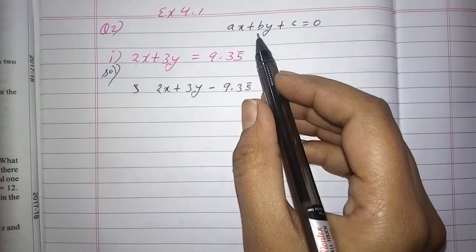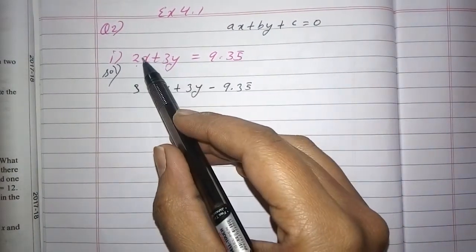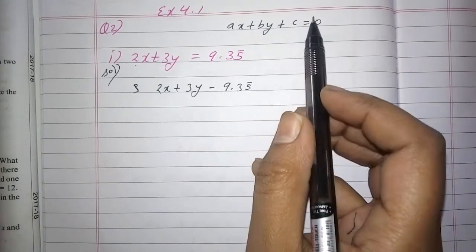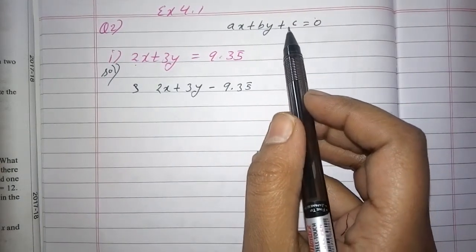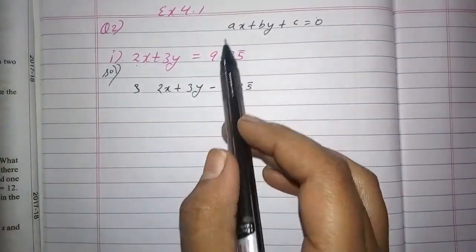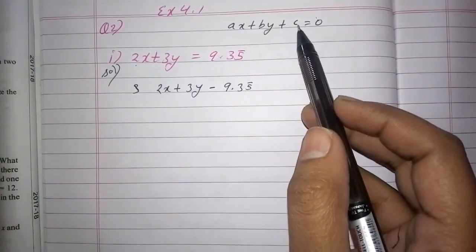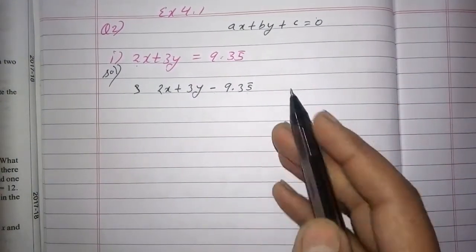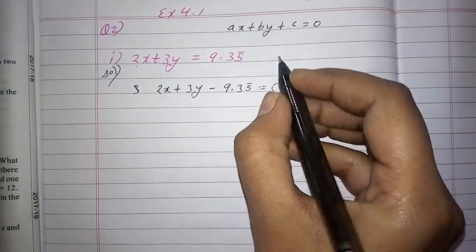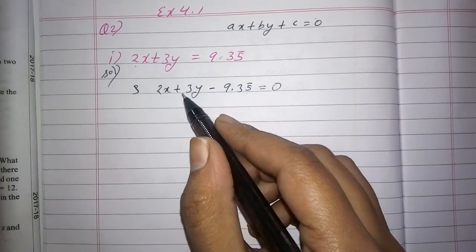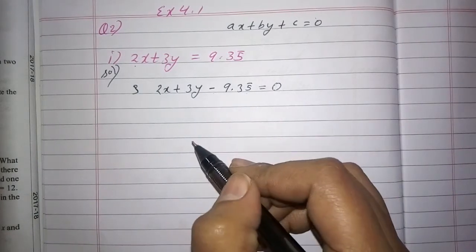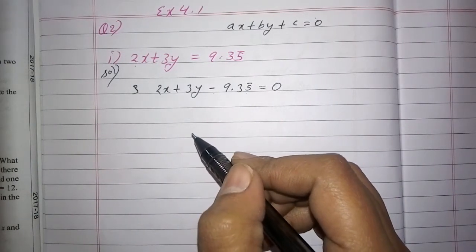So this is ax plus by equals c. So we transfer this c to the left hand side. C may be positive or negative. So now see, ax plus by minus c equals 0. Now it is a general form. We arrange them in the general form of the linear equation in two variables.